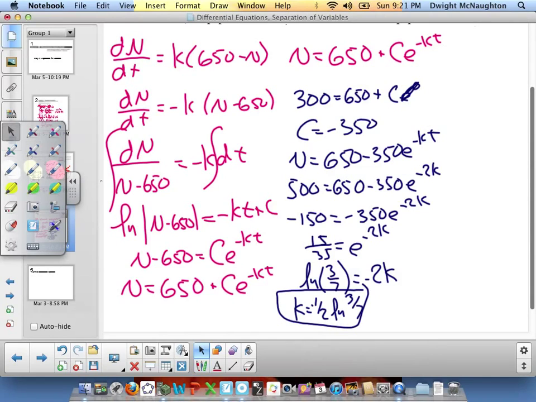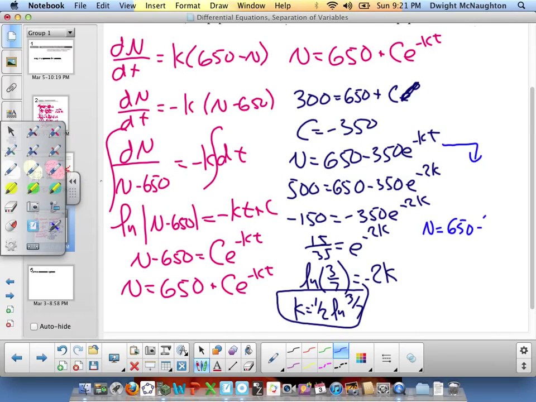All right? And so that brings our equation from right here, n equals 650 minus 350 e to the negative k.